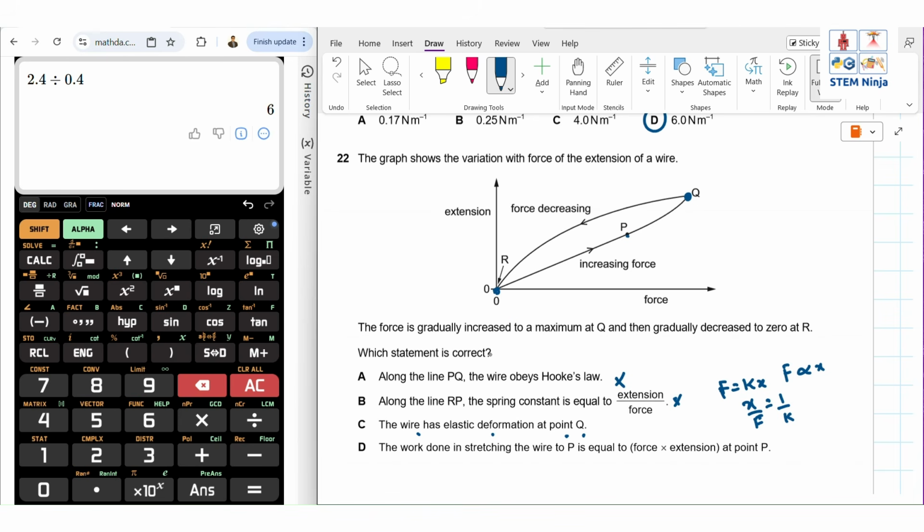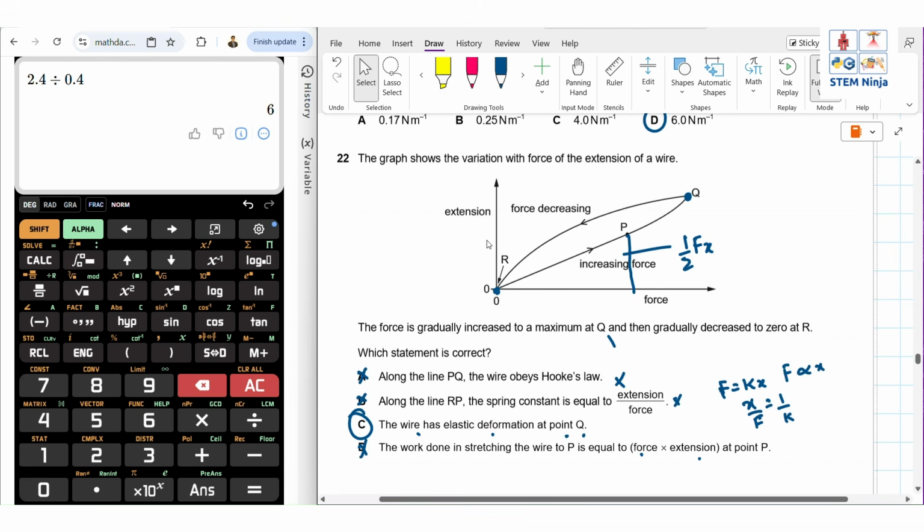So that is correct. Work done in stretching the wire to P is equal to force times extension at point P. No, because that would be the area, and this would be half times Fx. So this is not correct. So C is the only thing that's correct.